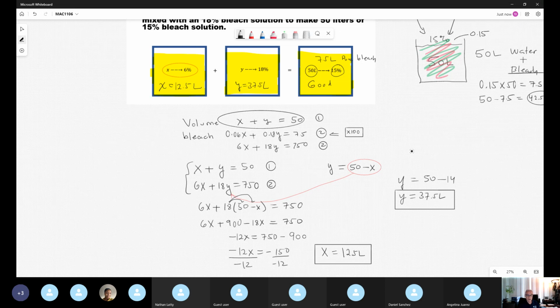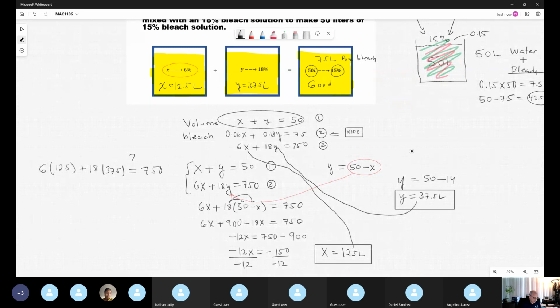We're using the concentration of bleach, which is 6 times 12.5, which is x here. I plug in this 12.5 here and 37.5 here, plus 18 times 37.5 would be, see, am I doing well, question mark, 750.